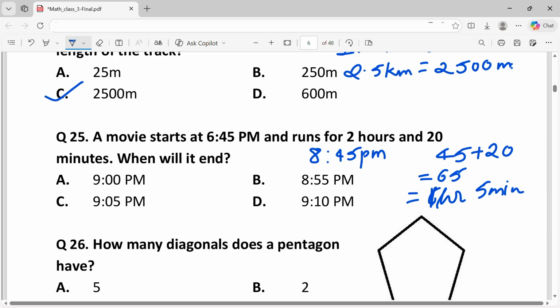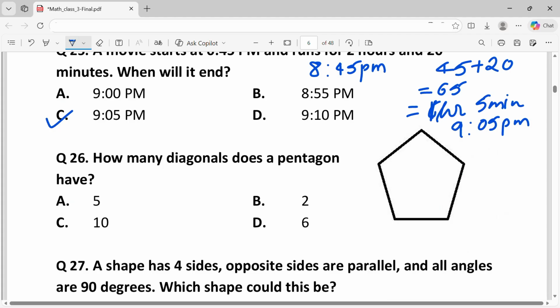That is 9:05 p.m. So the answer is C, 9:05 p.m.